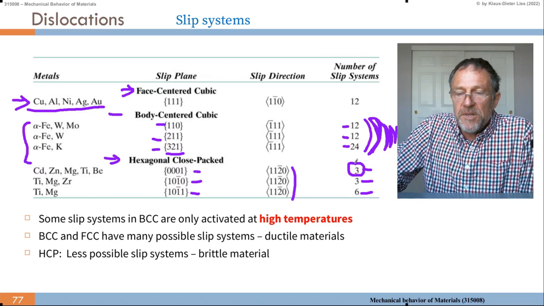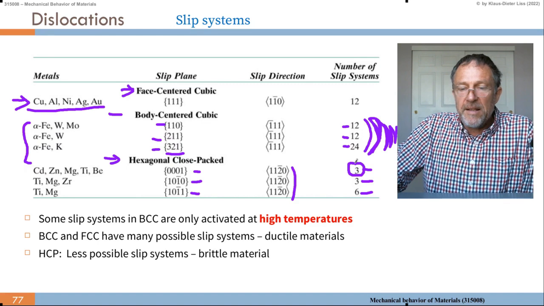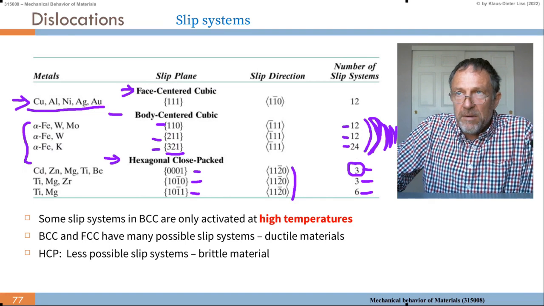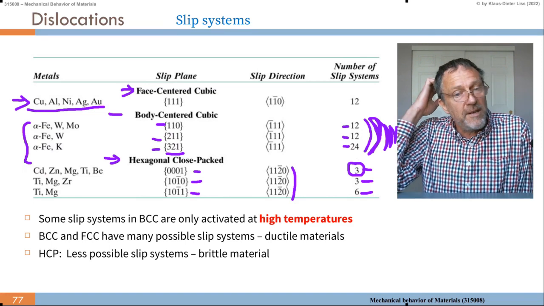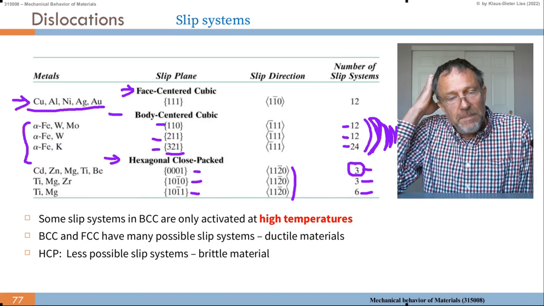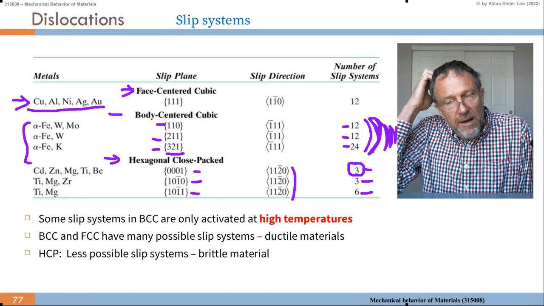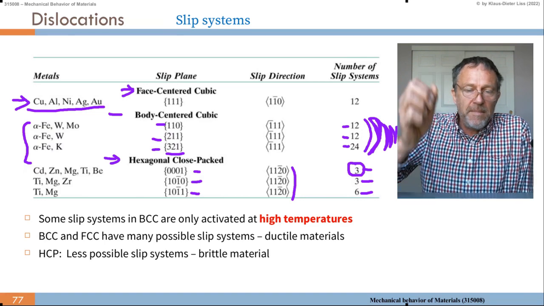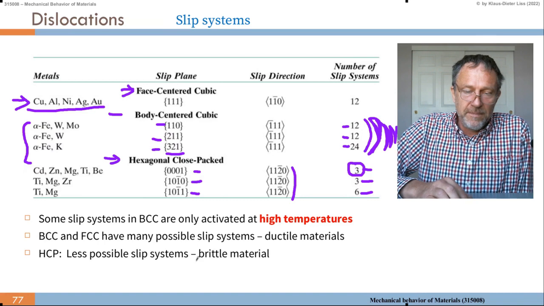But it can be shown that at least you need 5 mechanisms, ways of deformation, for continuity in plasticity. So here only 3, and that makes the material very brittle.